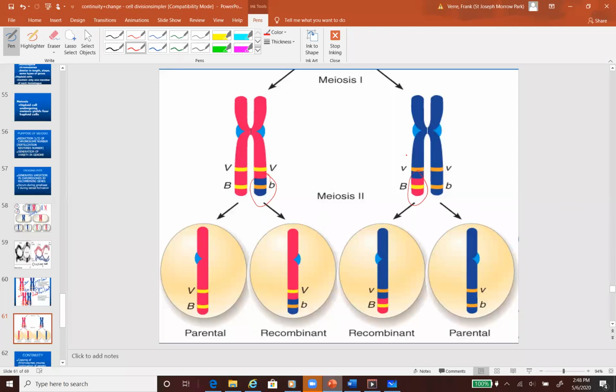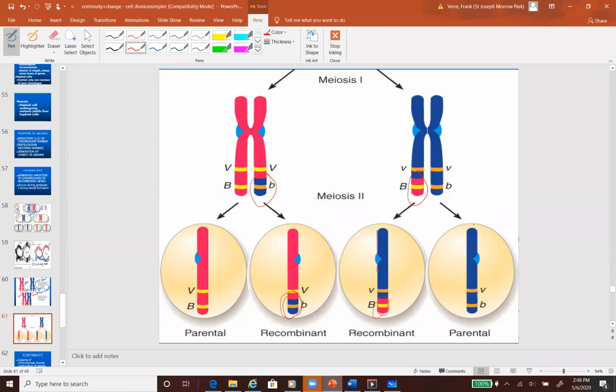And then when they divide, you can see now I have more possibilities. I can now get a completely intact red chromosome. You can see it's all red. I can see one that's red with a little bit of that blue. I can see one that's blue with a little bit of that red, and I can see one that's intact blue.